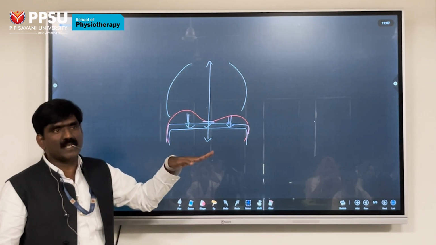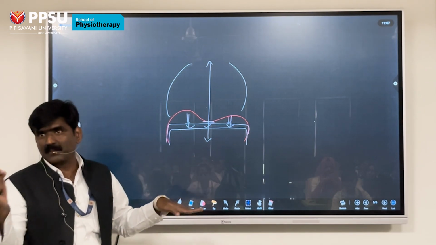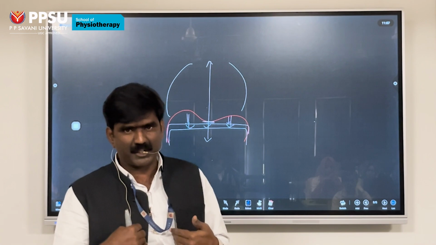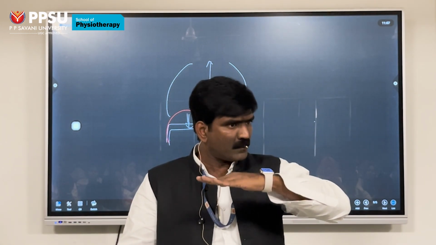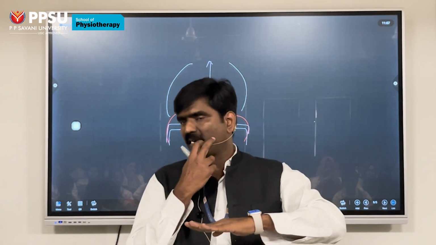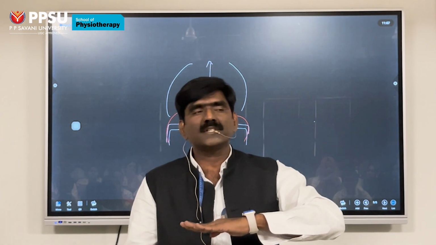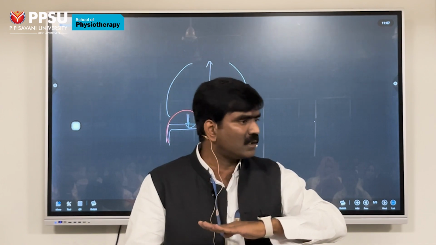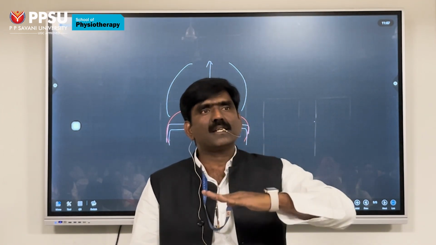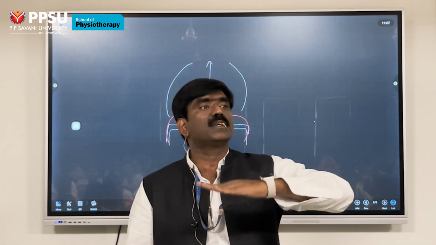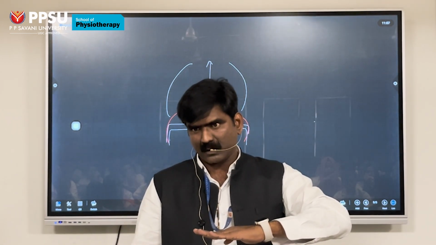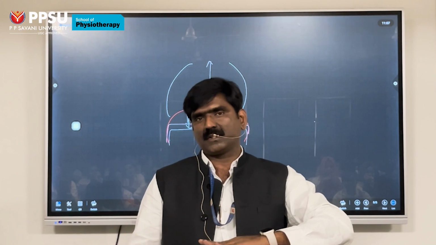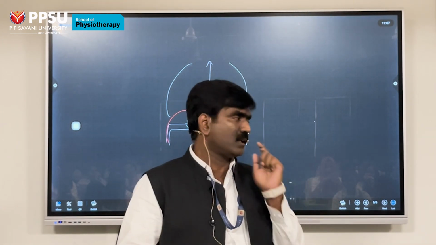So the central tendon, after the initial inspiration, the diaphragm will go down and it will stop. Why is it stopping? Because the forces are restricting the movement of the diaphragm. So after some time, the central tendon will become stable, and it will stop moving. Further contraction of the muscle will reverse the contraction.